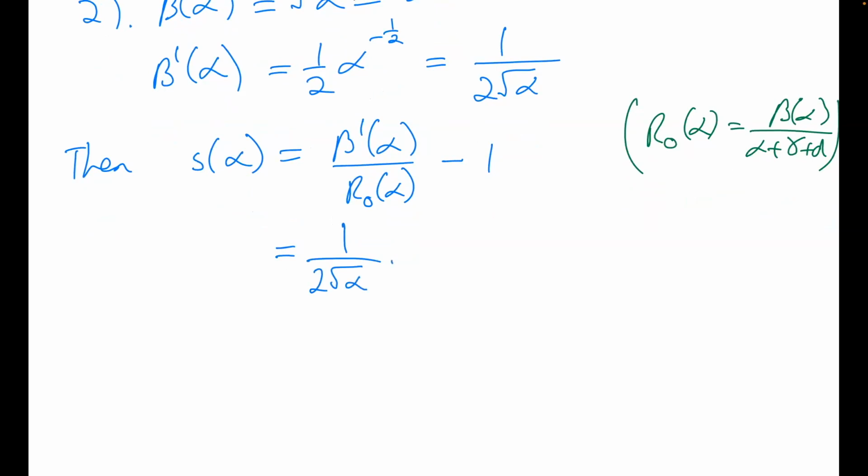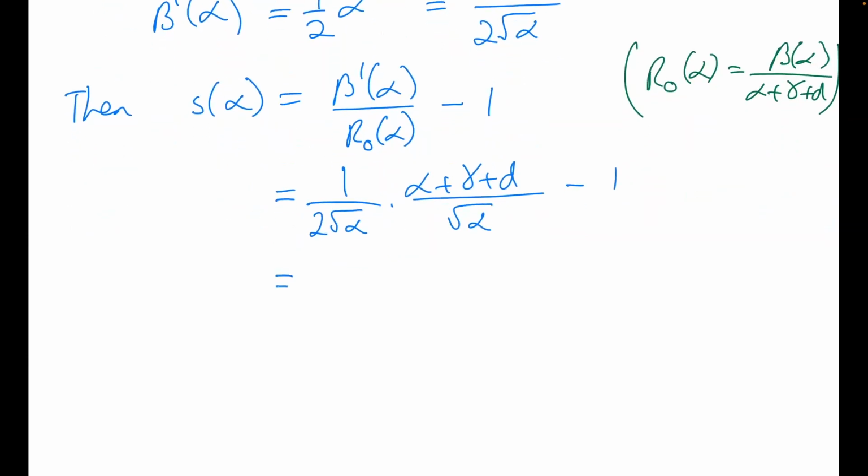We're multiplying that by 1 over R naught of alpha, so we're going to have alpha plus gamma plus D in the numerator, and beta of alpha on the denominator. And beta of alpha is just root alpha. And then we've got this minus 1 at the end. So 2 root alpha times root alpha is just going to be 2 alpha. So we're going to have alpha plus gamma plus D over 2 alpha, minus 1. So that's my selection gradient.